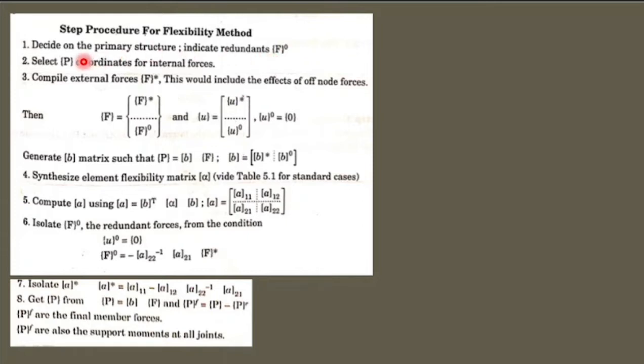And the next thing is you have to select the P matrix, that is the P matrix, coordinates of internal force. Compile the external forces, that is F star. So there are two types of force, which is external force and internal force. External force is indicated by F star and redundant force is indicated by F0. These items are not given here, so you can write F star as external force.